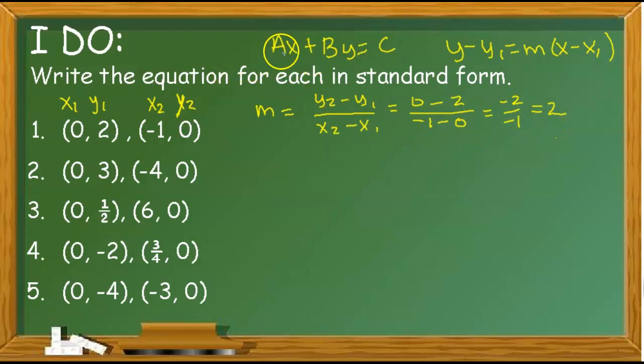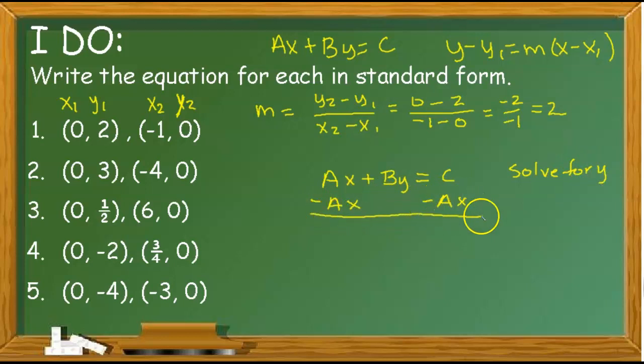The other way that I like looking at it is if I have the standard form and I solve it to put it in y equals mx plus b. We've done this in class, so solve for y. We've done solving for variables, so I'm just going to run this here for you.